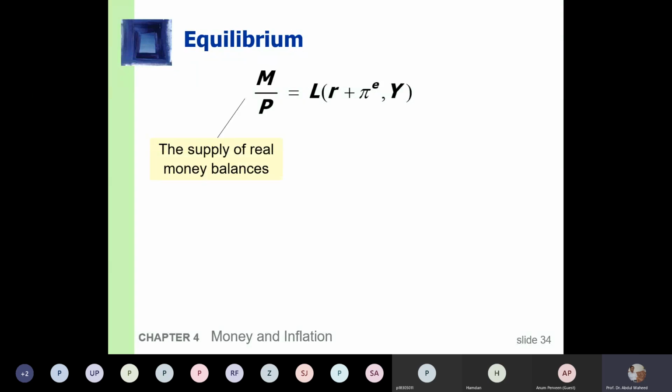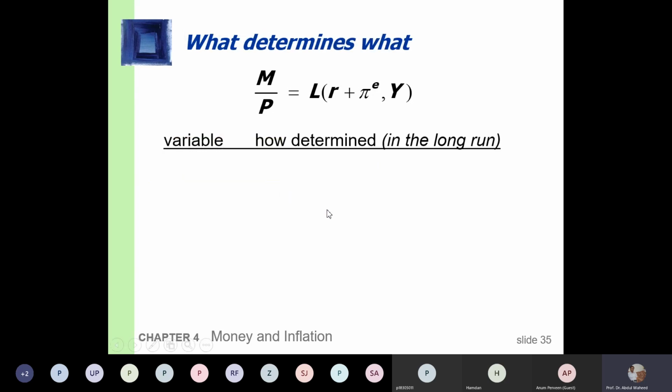And for equilibrium, we have the supply of real money and the demand for real money. There will be equilibrium when the supply of real money balances equals the demand for real money balances. Here money supply is exogenous, determined by the central bank.